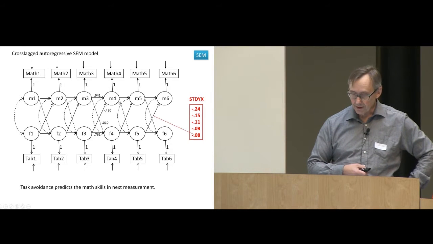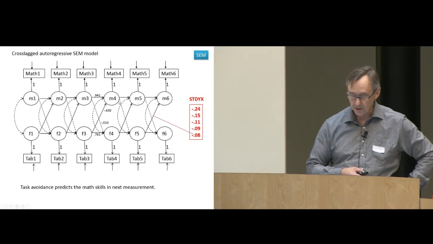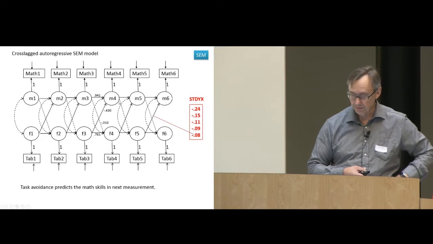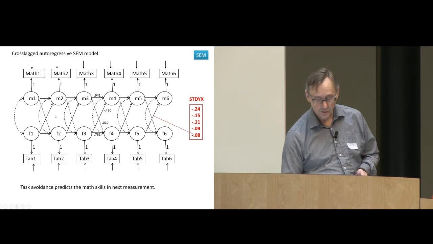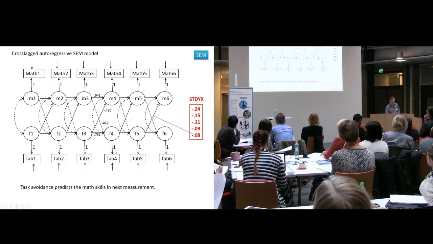We can enlarge the model using cross-lagged autoregressive models, and we are now interested to see the causality between measurements. In this model, I have a hypothesis that task avoidance predicts the math scale in the next measurement.